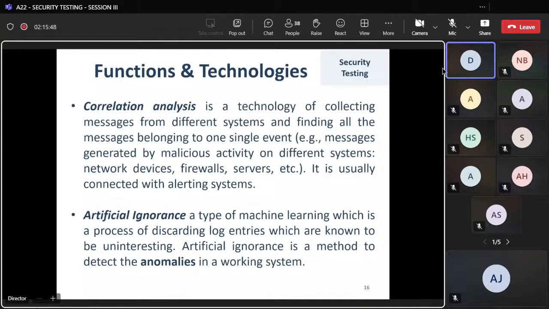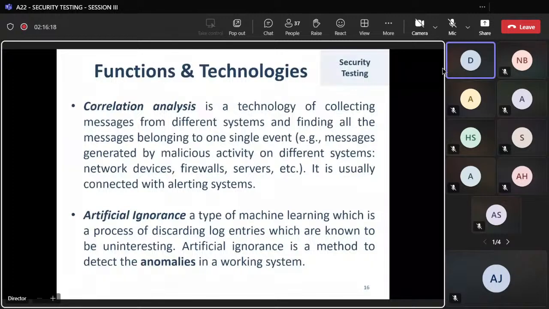The next topic, artificial ignorance. It's a type of machine learning which will help you to discard, to remove the log entries which are known to be uninteresting. For example, artificial ignorance will help you to identify the normal traffic, and it will discard those log entries. It's normal BAU activity, right? This will help you to detect any kind of anomalies in the working system.